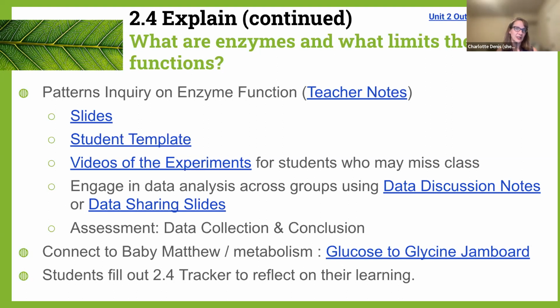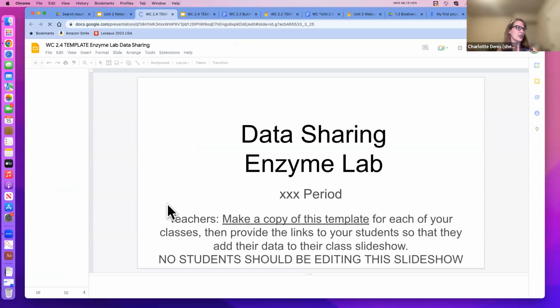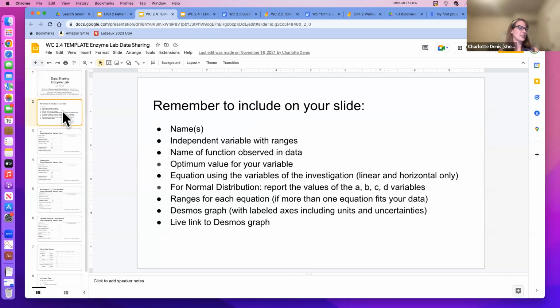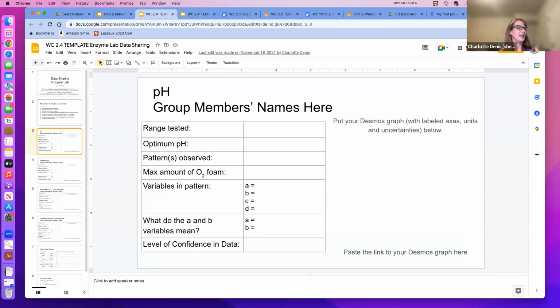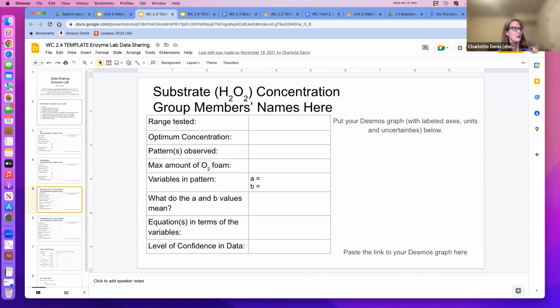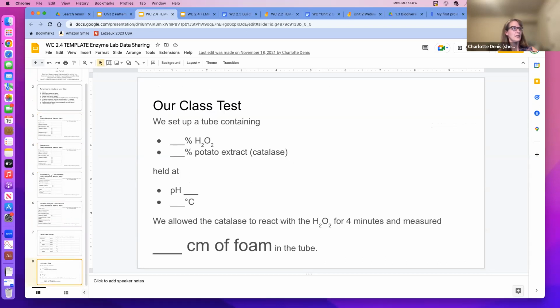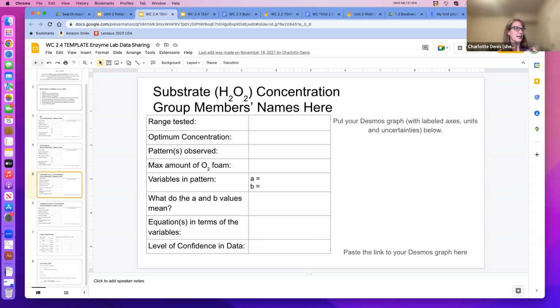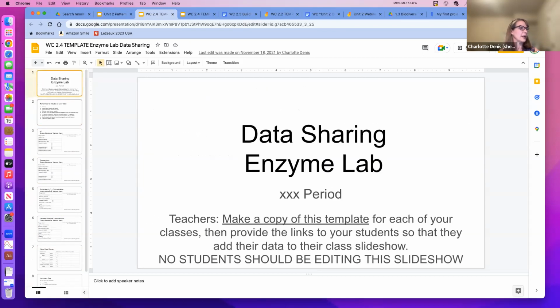And there are 2 options for you for how to do that. One would be, and this is the one I use, a data sharing slideshow, where the students are given some instructions about what they need to include on their slide. And then I have all the different groups represented here, and you can copy the slides as many times as you need them when you're making your own copies.